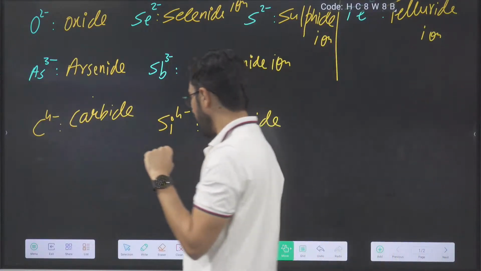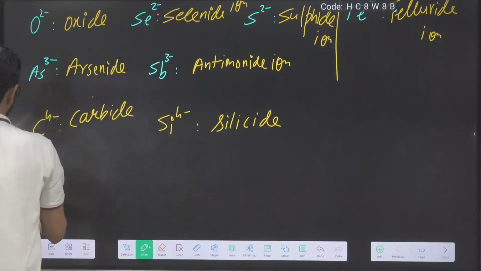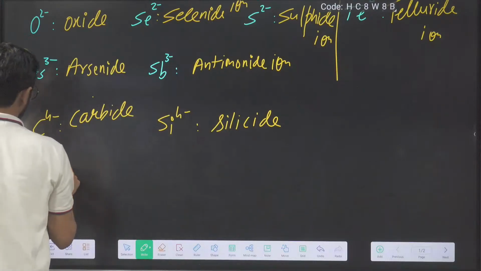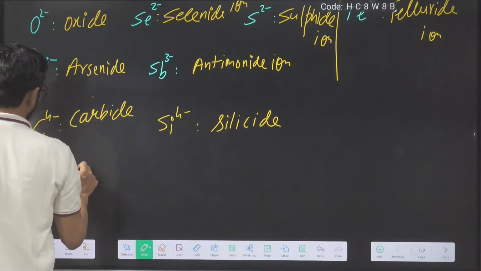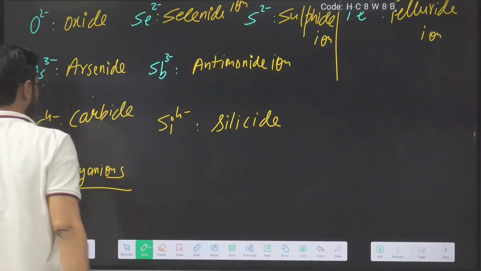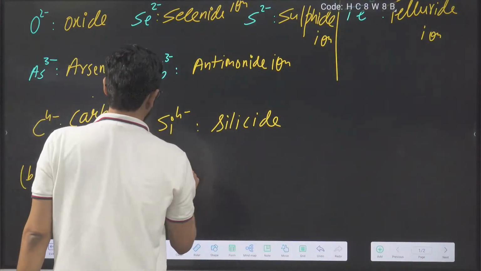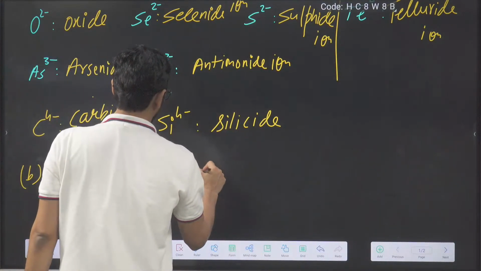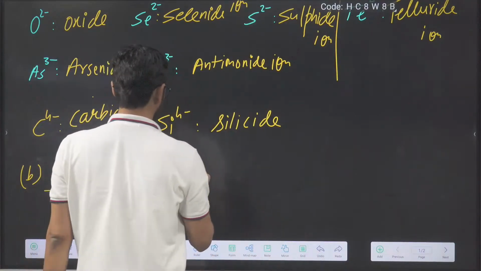अब बात करेंगे which one? Oxyanions or oxoanions, anions of oxyacids.